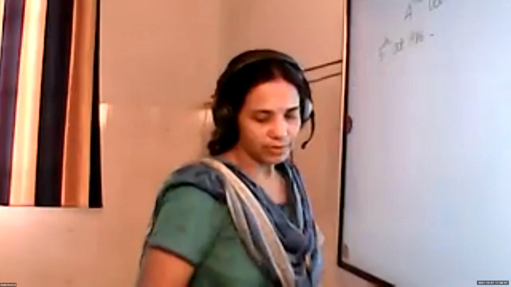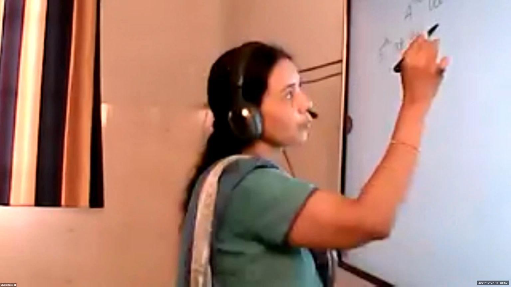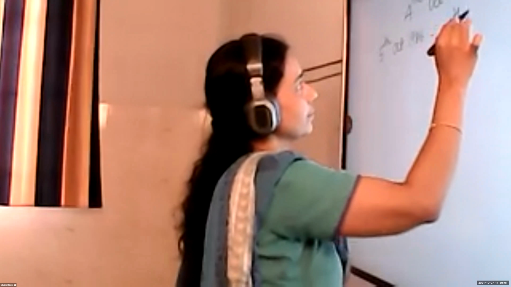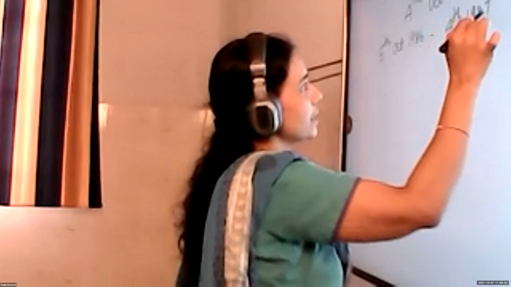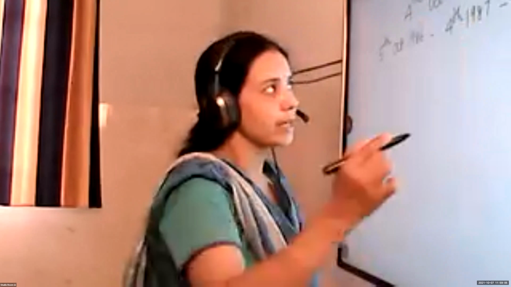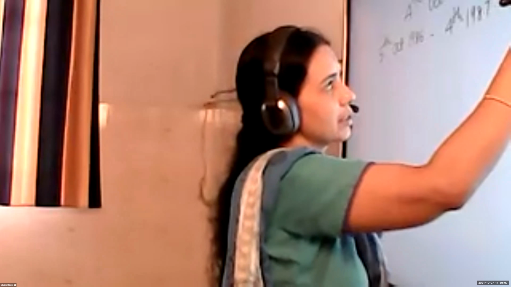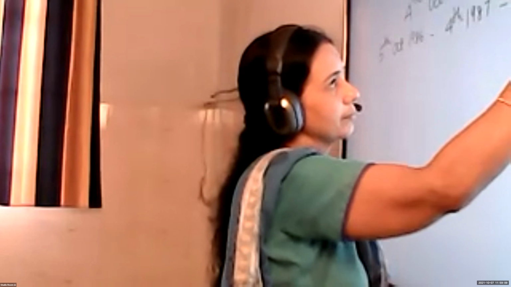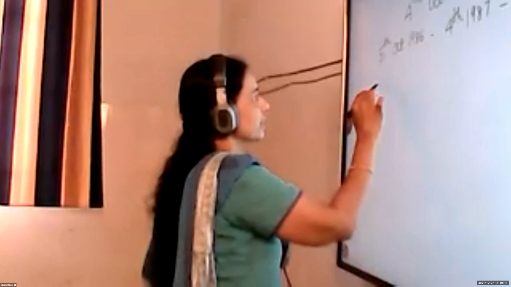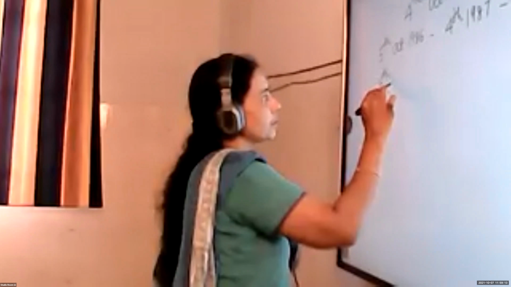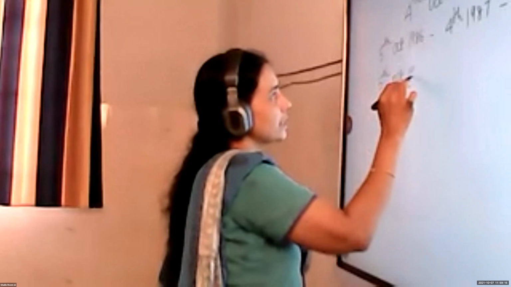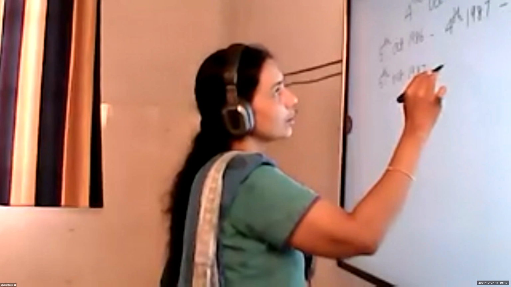So from 5th October to 4th October 1987, it is not a leap year, so we'll get one odd day, isn't it? Like this, we calculated. Then the next year is from the 5th October 1987 to 4th.